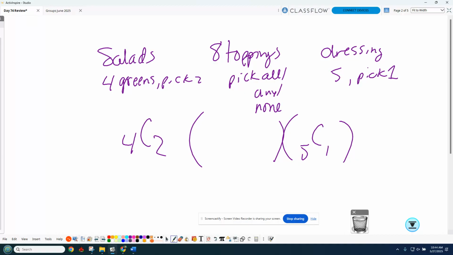So each one has 2 ways to answer: yes or no to peppers, yes or no to tomatoes, yes or no to cheese, yes or no to sunflower seeds, whatever. So it's, of the 4 lettuces, choose a combination of 2, and then 2 to the 8 different ways of choosing the toppings, on or off, and then 1 dressing.